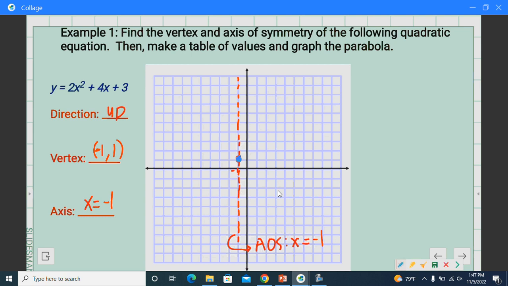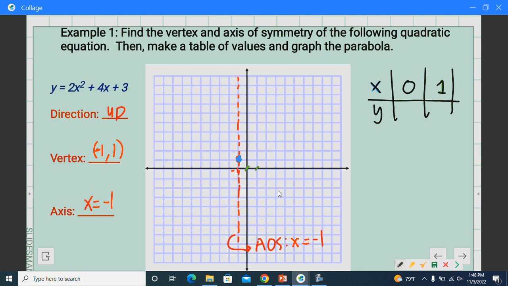So our x, let's just choose one side, the right side. Here we are choosing 0 and 1.